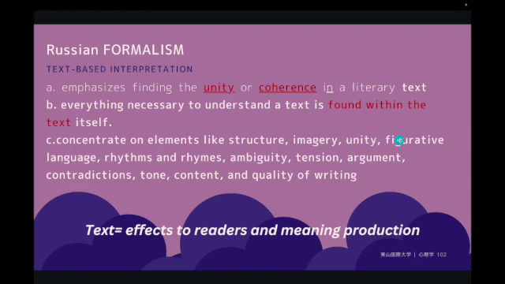Figurative language are, of course, the metaphors, the similes, or any other literary devices used in writing the poem, rhymes, and rhythms. While in an essay, we can look into the theme, the tension, argument, conflict, or other things. For a novel, we can look into the content and quality of writing.